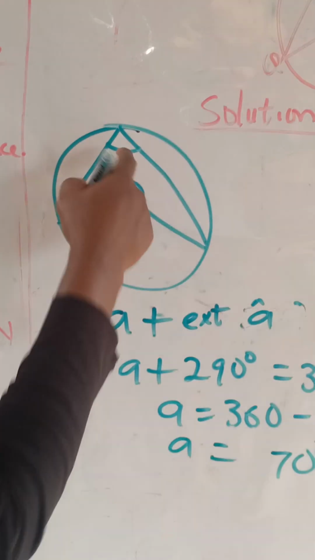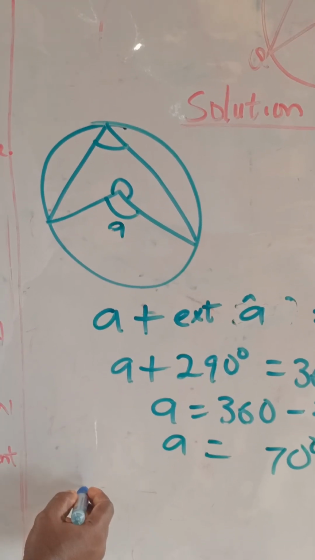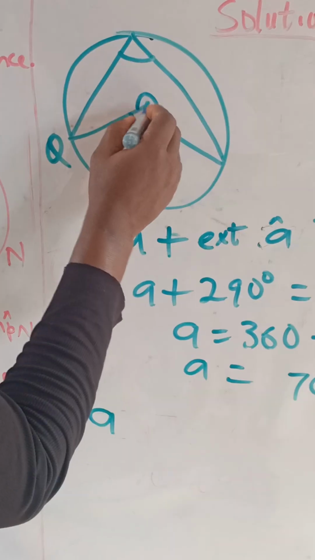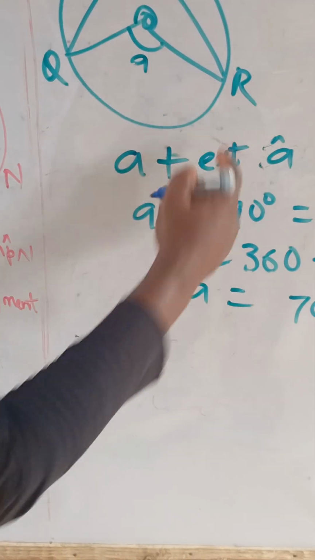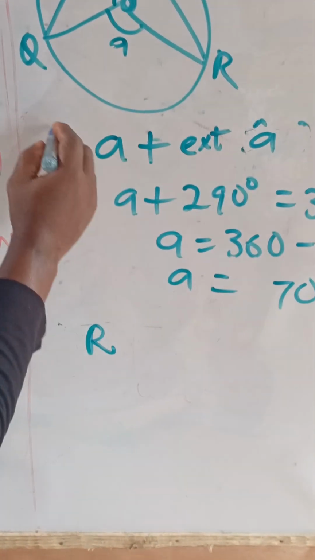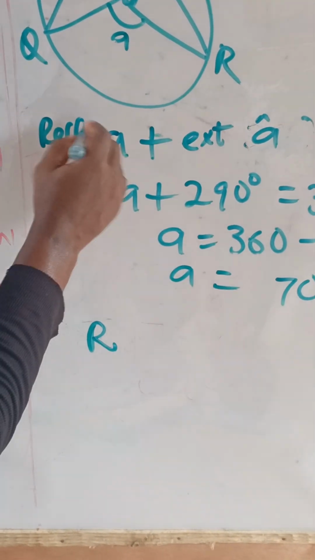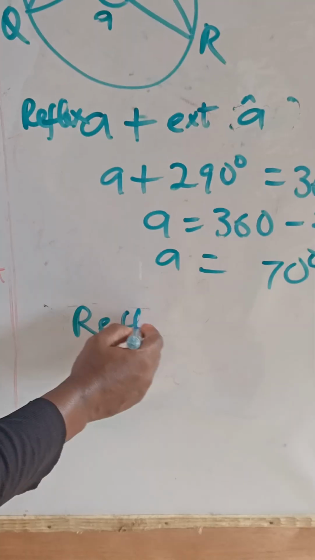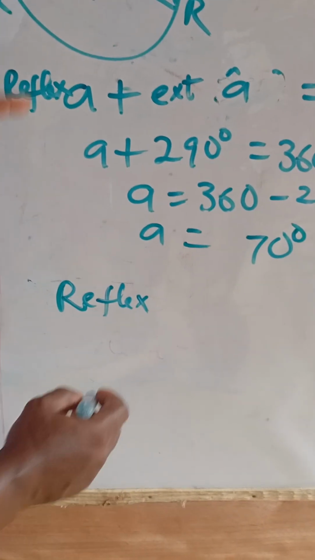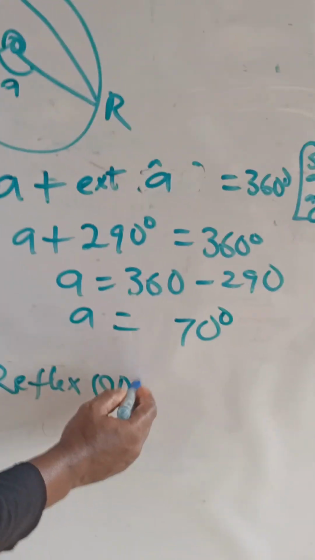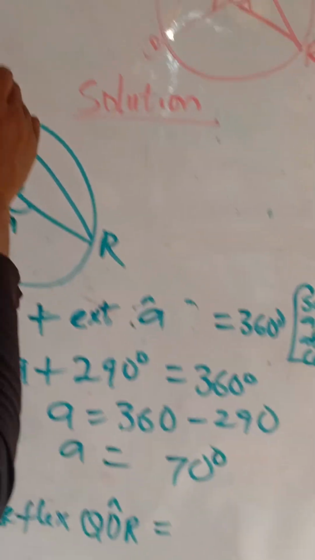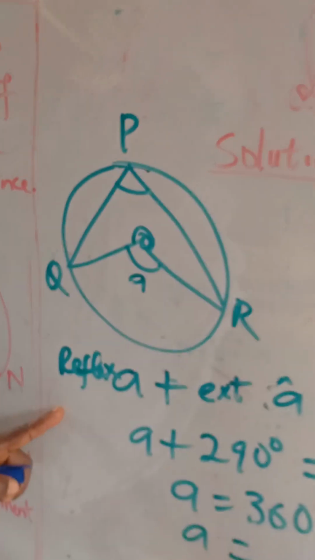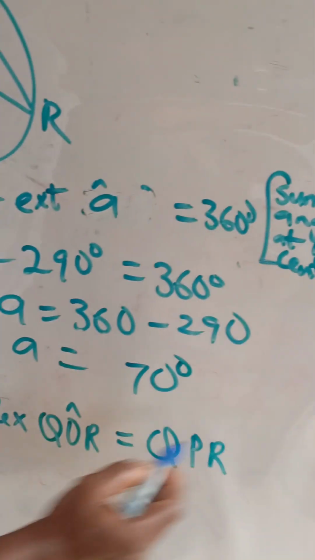So therefore, to get this, don't forget that this is reflex QOR. I'll call it reflex. This is reflex plus angle A. Reflex QOR is equal to twice QPR.